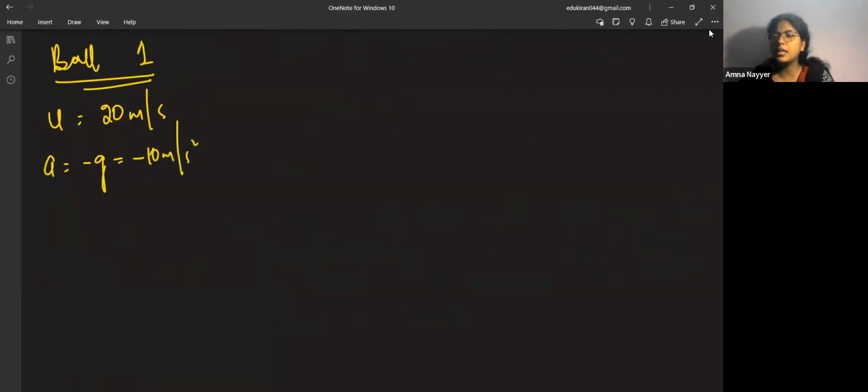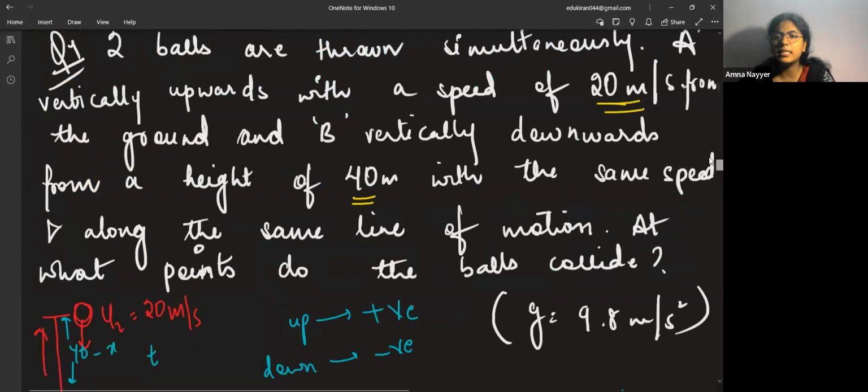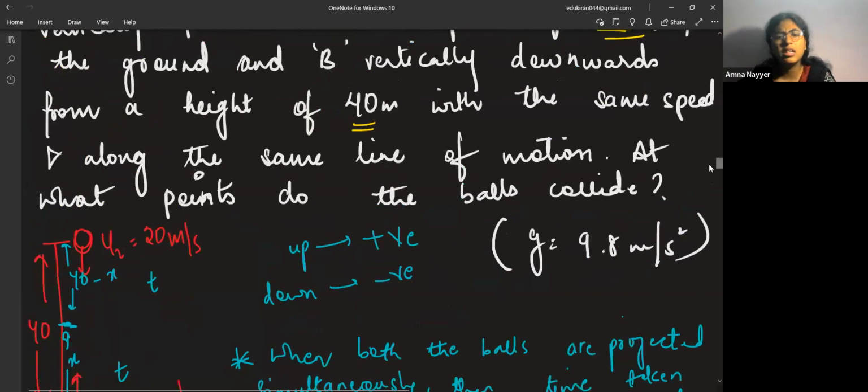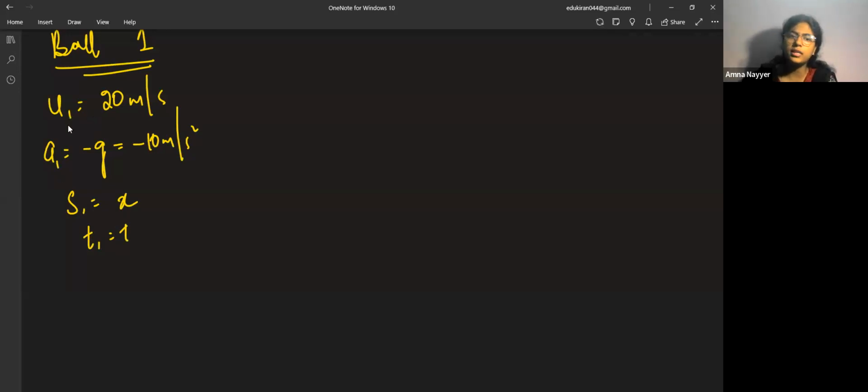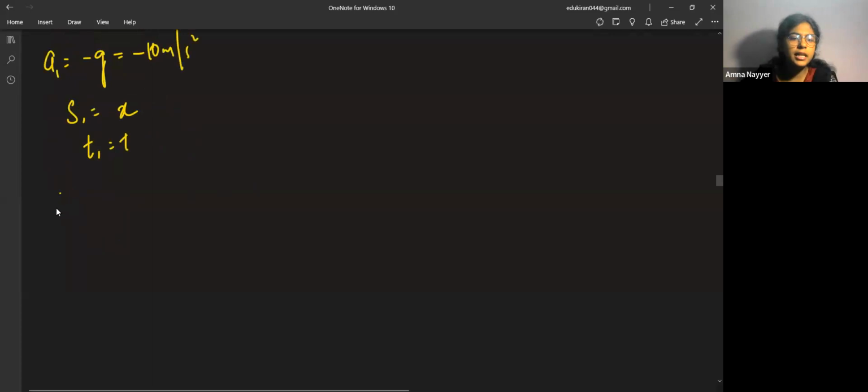I think it is mentioned in the question to take it as 9.8, but I'm taking it as 10, otherwise the calculation will go very lengthy right now in the class. Displacement here is X, since this ball had to cover X, and the time is also T. So S1 is X, A1 is this, U1 is this. This is the data that we have for this ball, and S equals UT plus half AT square is the equation.